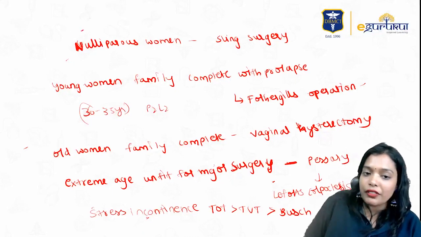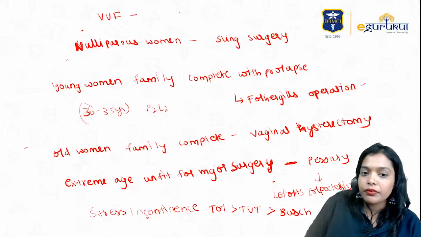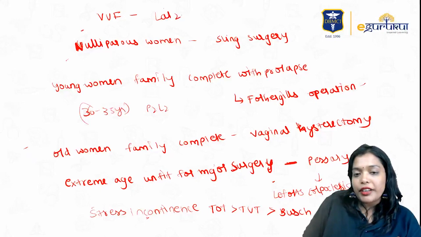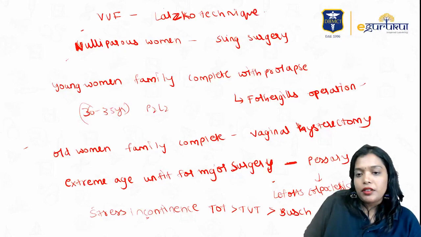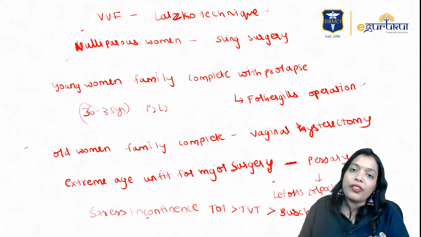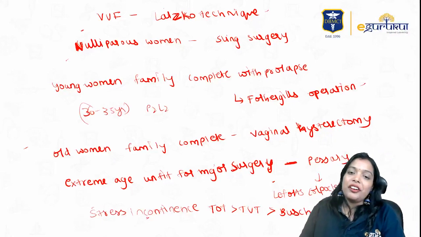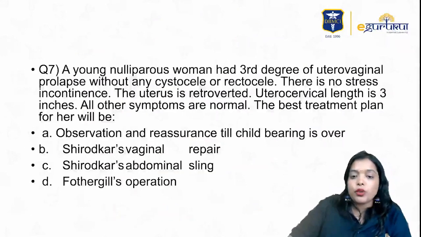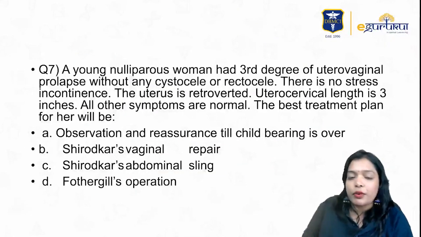And for vesicovaginal fistula, it is the Latzko technique. So I think this slide is perfect for you to revise the most important surgeries for prolapse, right? Based on whatever I've discussed, we have a question here.